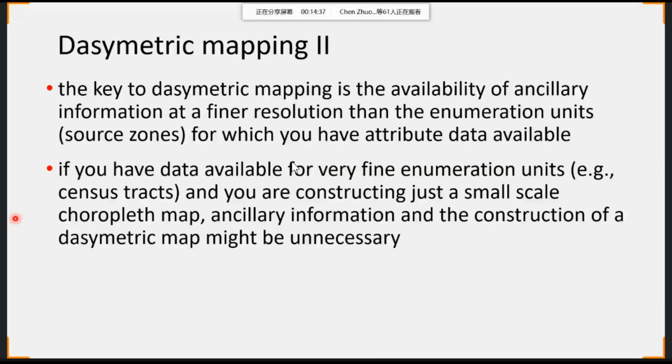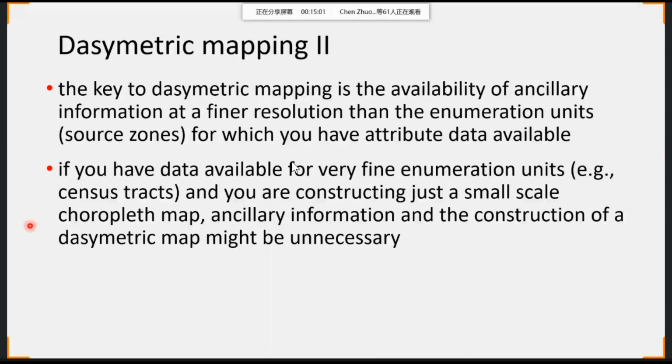If you have data available for very fine enumeration units, for example, census tracts, and you are constructing just a small-scale choropleth map, ancillary information and the construction of a densitometric map might be unnecessary because it would not add much additional information.